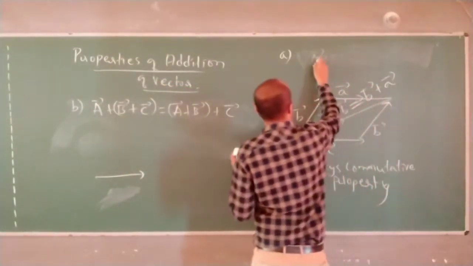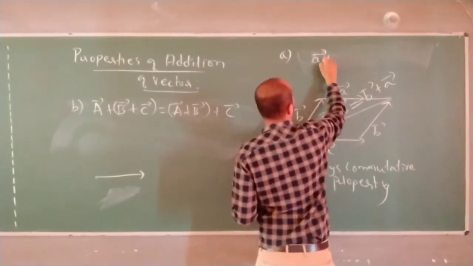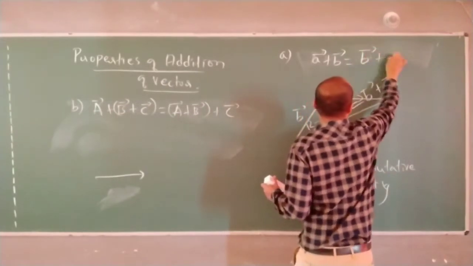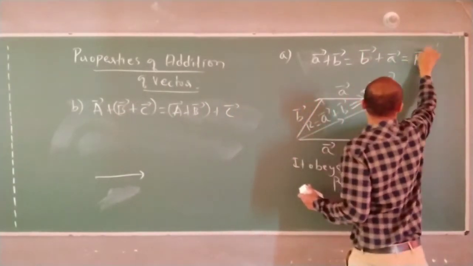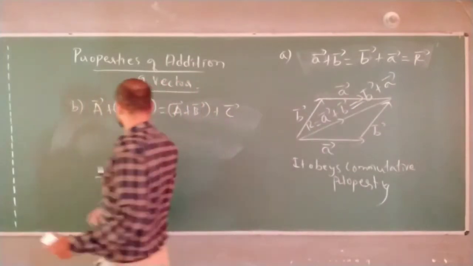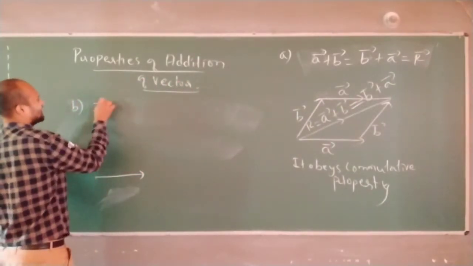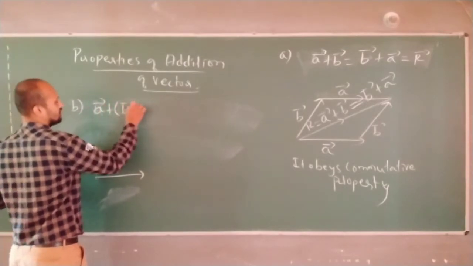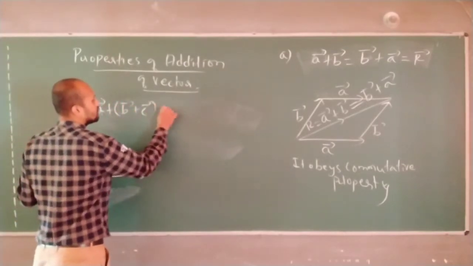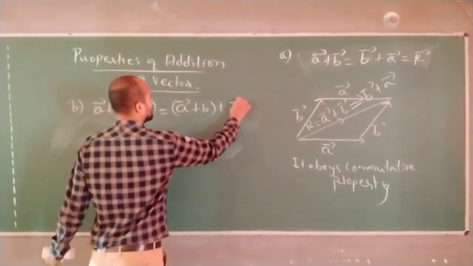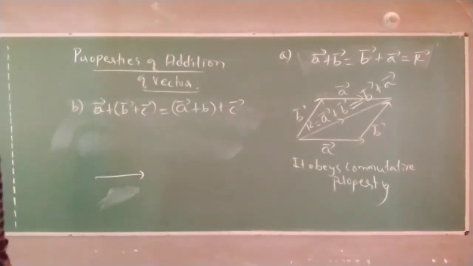Vector A plus vector B will be equal to vector B plus vector A, which will be equal to vector A plus vector B plus C. Got it now? Vector A plus vector B plus C can be written as vector of A plus B plus C.